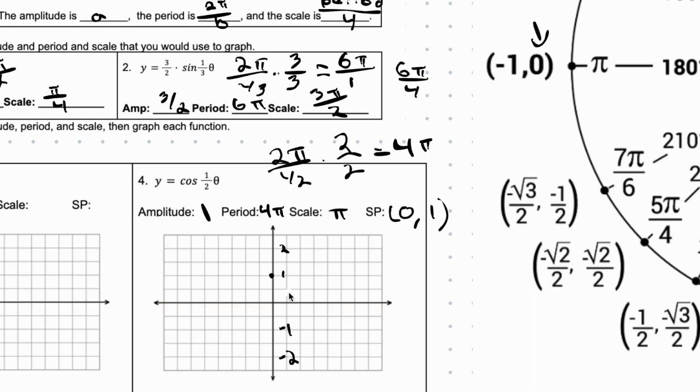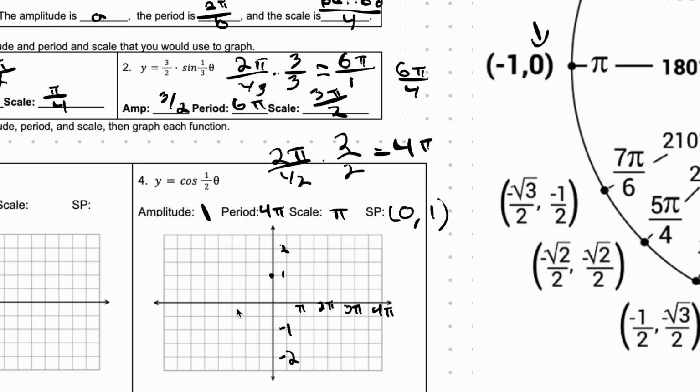Okay, so now our scale is pi, so we do pi, then we do pi, then we do 2 pi, and then we have 3 pi, then we have 4 pi.